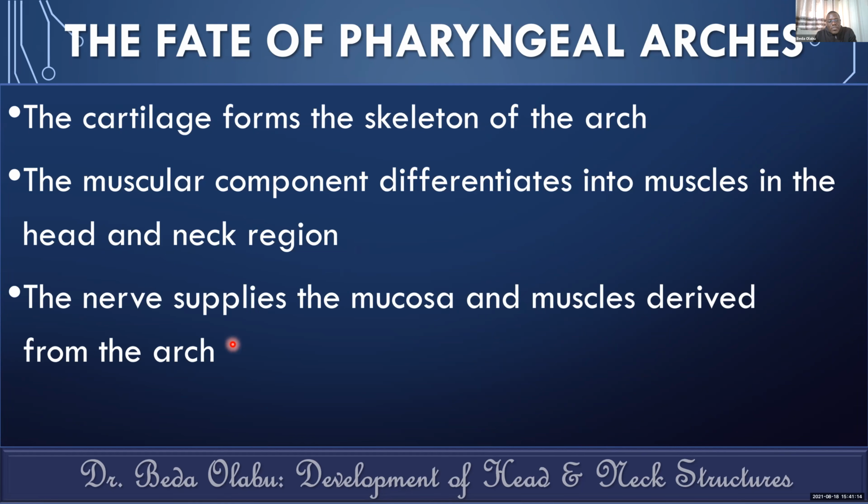The nerve of a pharyngeal arch will be responsible for providing sensory and motor innervation to the derivatives of a pharyngeal arch. And so those persist basically to supply both sensory and motor signals to the different derivatives of a pharyngeal arch.